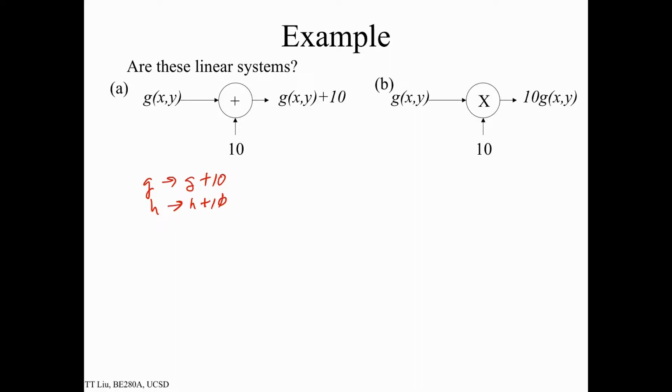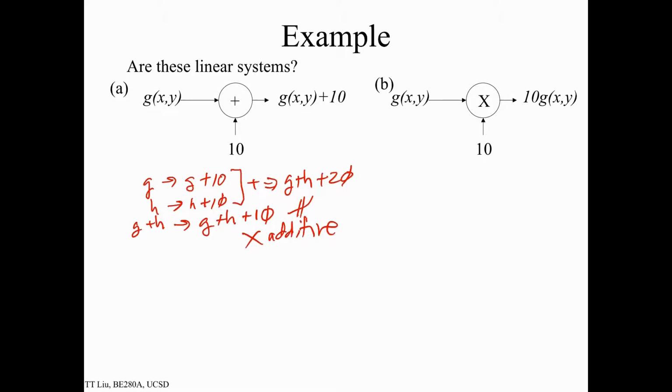If I sum the inputs, G plus H, from the definition of the system it would give me G plus H plus 10. Now, if the system is linear, then the output should be the sum of these two outputs, which gives me G plus H plus 20. These two things are not equal, so it doesn't satisfy the additive property.